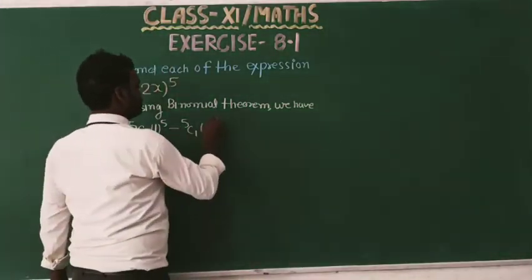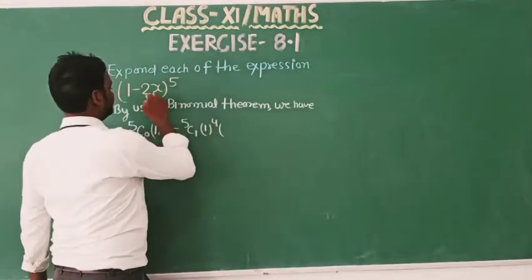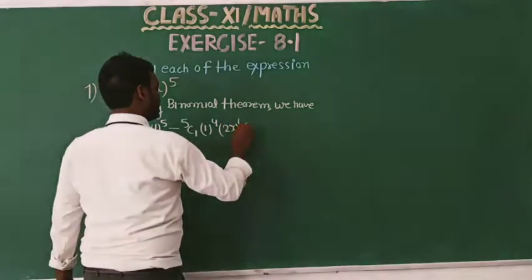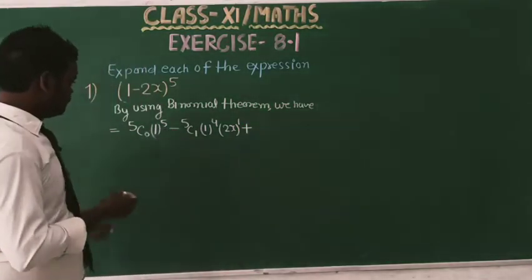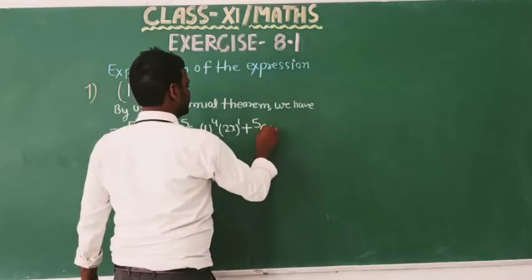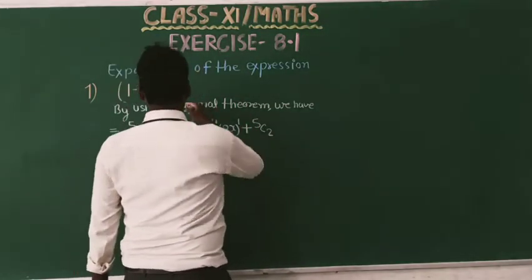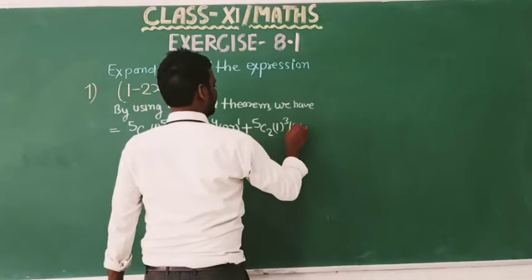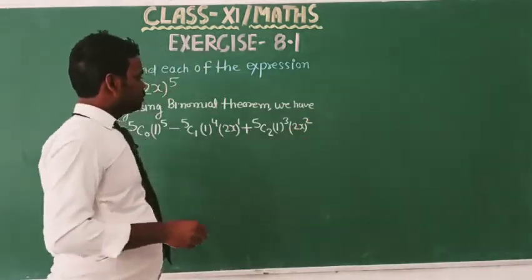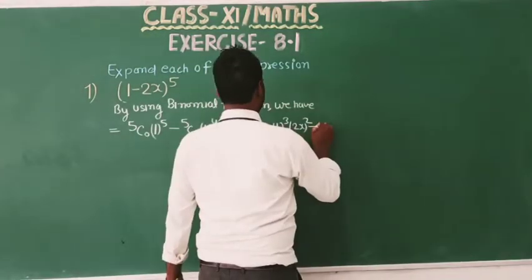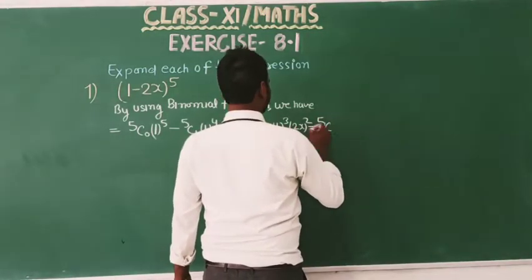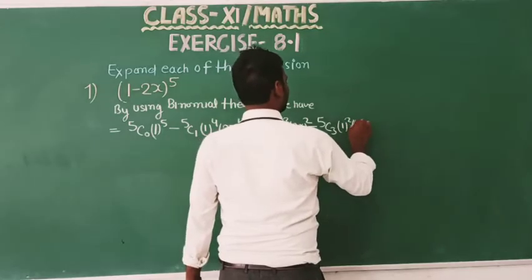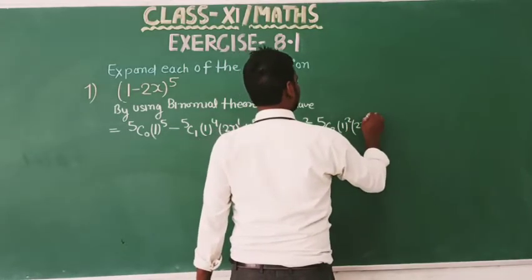So this is 1 to the power 4 and the second term 2x to the power 1, plus 5C2, first quantity 1 to the power 3 and second (2x) squared, minus 5C3, and this is 1 to the power 2 and second quantity (2x) to the power 3.